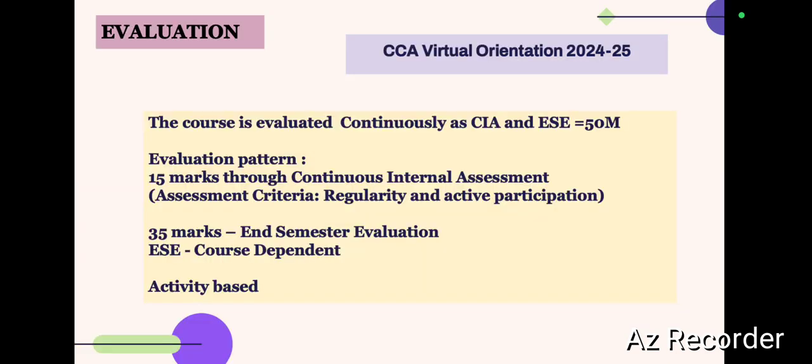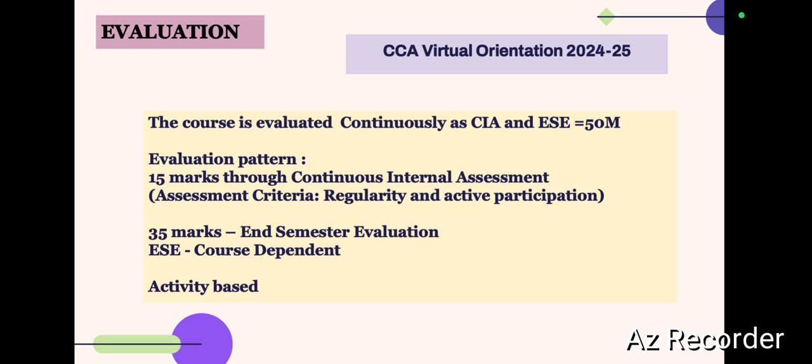These courses are also being evaluated continuously as continuous internal assessment, which is for 15 marks, and the assessment criteria is based on the regularity of the student to the classes and active participation in the activities that are conducted during the classes.